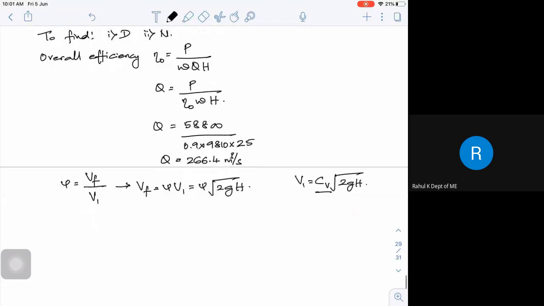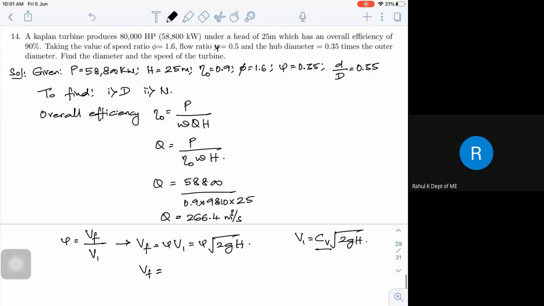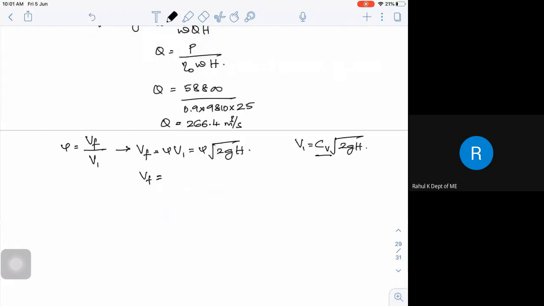Okay. Now what will be my Vf? Vf is equal to psi, they have given it as 0.5. Psi is given, 0.35 into 2 into 9.81 into 25 meters, under the square root.